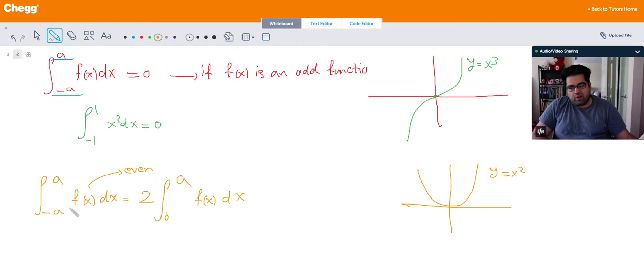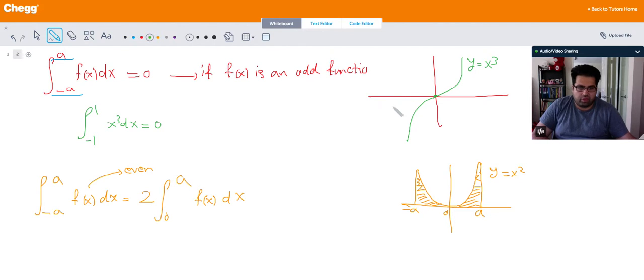Whenever your function is even and the limits are the same and opposite in sign, you can write it from 0 to a and multiply by 2. That's true because whatever area you get from negative a to 0, you get the same from 0 to a.